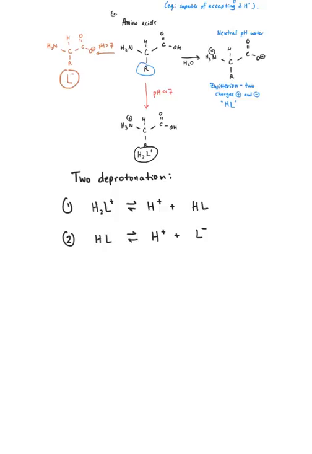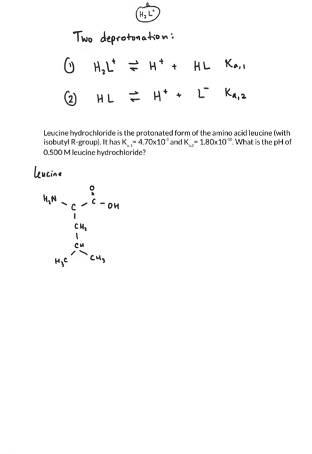These two deprotonation events are associated with Ka1 for the loss of the first proton from the fully protonated form of our amino acid, and Ka2 from the loss of our second proton from the zwitterionic form. So let's look at a real example of amino acid leucine.